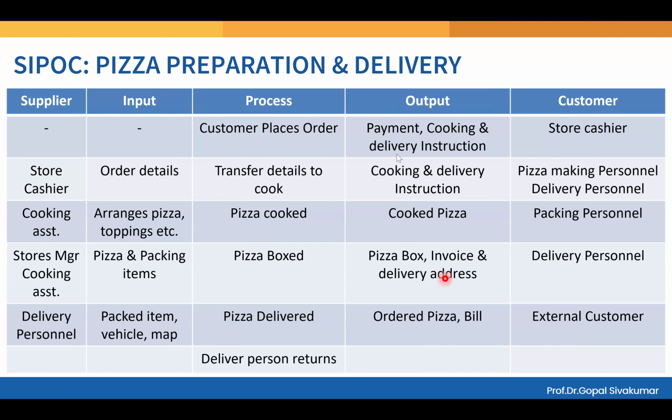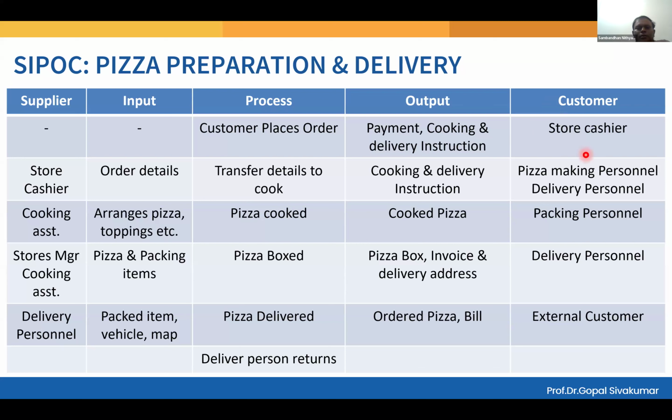Yes. Now, who will receive all this information? Maybe the store cashier, right? If you think the store manager will receive, then you can replace it here with store manager. If you think Mr. Munusami will receive, you can say Munusami here, no problem. Whatever is really happening, you mention here. All of you agree?